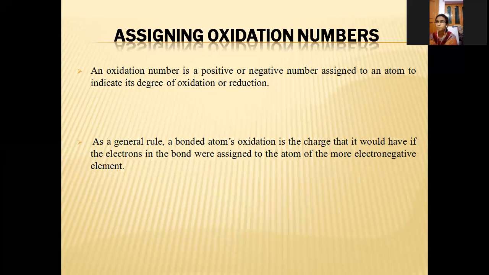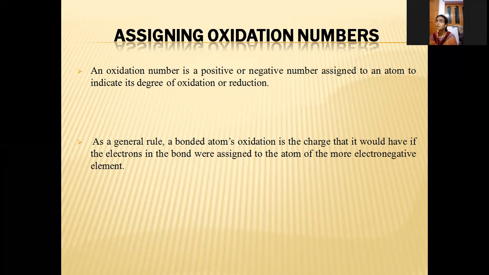So, how can we assign oxidation numbers? An oxidation number is a positive or negative number assigned to an atom, which indicates its degree of oxidation or reduction.